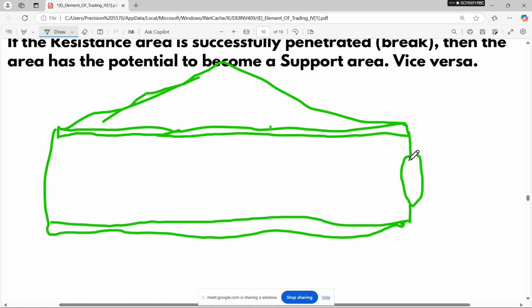Then when we are inside the house, we will be within this space, between the ceiling and the floor.